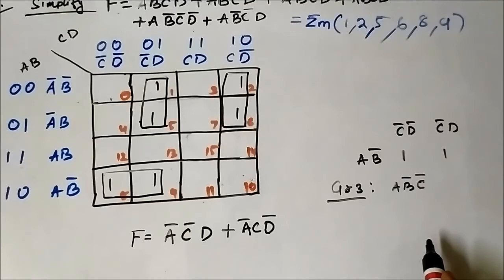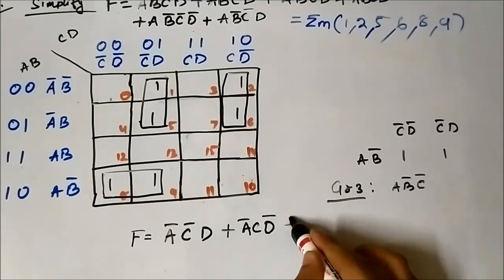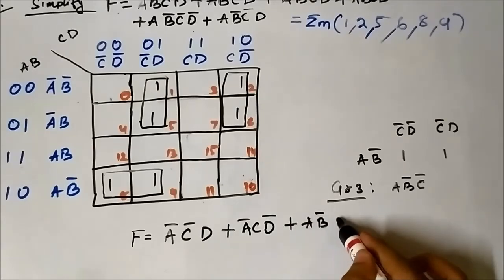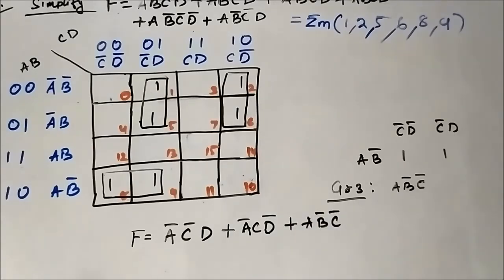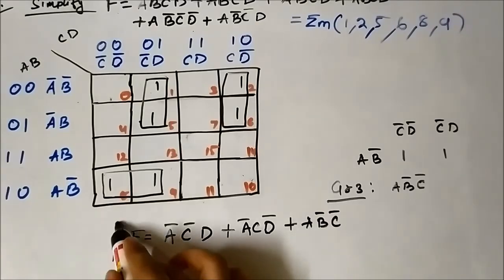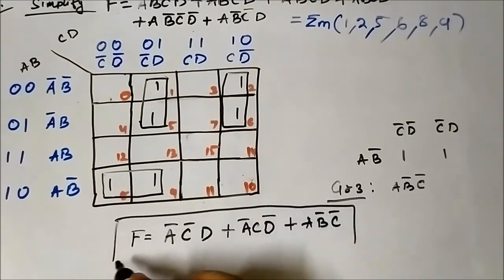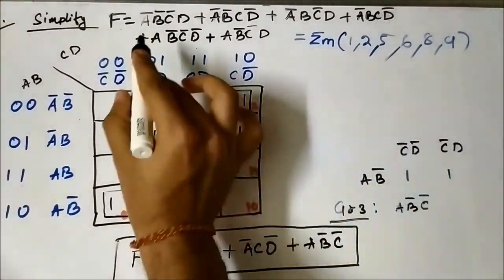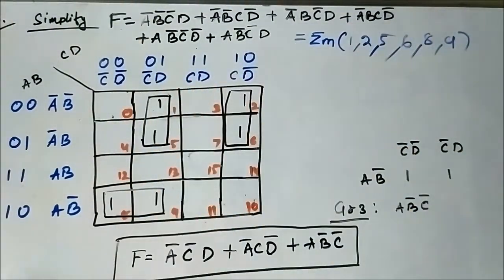Let us write it down here: A, B bar, C bar. So this is the simplified Boolean expression for the given expression.